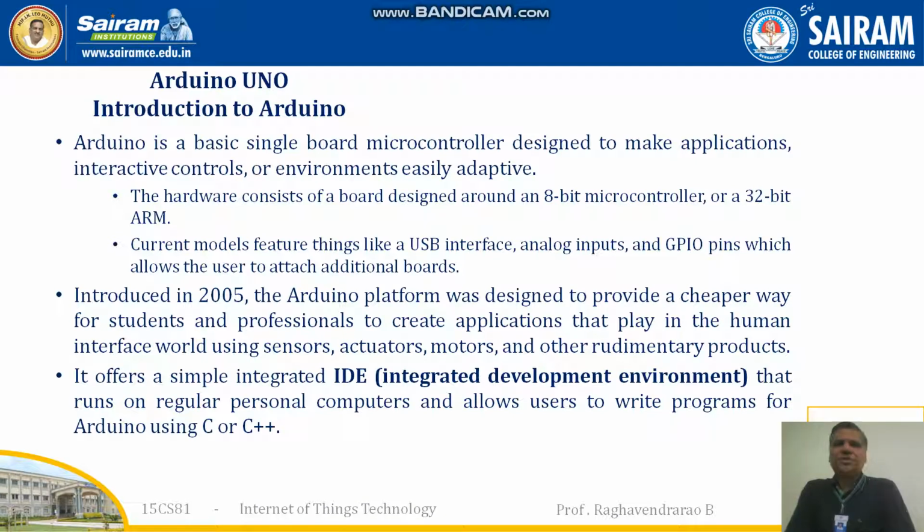In the introduction, this Arduino was introduced in 2005. The platform was designed to provide a cheaper way for students and professionals to create applications and play human interactions with the world, with sensors, actuators, motors and other products.